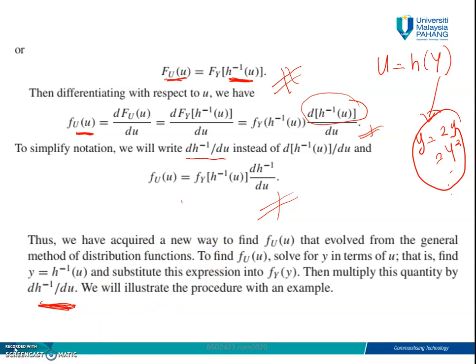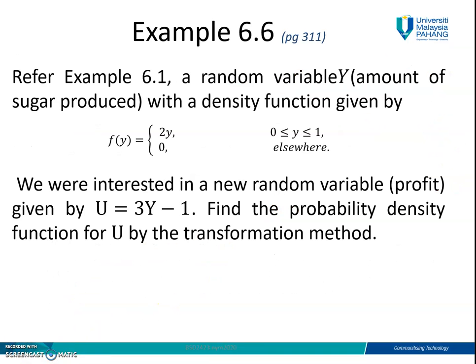This is example 6.6, page 311. By referring to example 6.1, which we have done using the distribution function: a random variable y is the amount of sugar produced, with a density function given by this equation, 2y, where y is between 0 and 1.